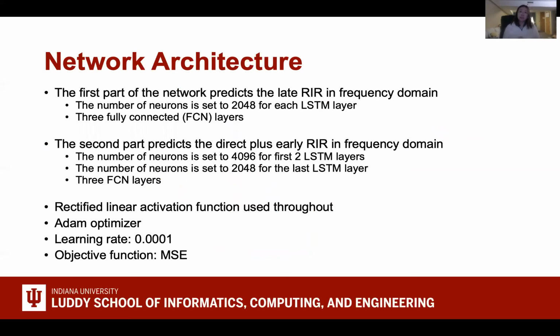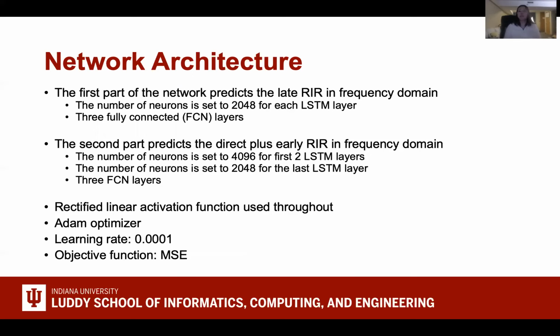For more details, we have 2 different networks. First is the joint LSTM, and the second is the joint FCN, which is the fully connected network. For the LSTM, the number of neurons is set to 2048 for each LSTM layer.